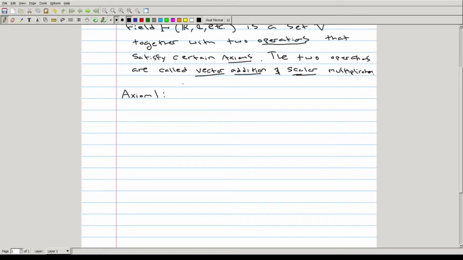Axiom 1 is called associativity of addition.